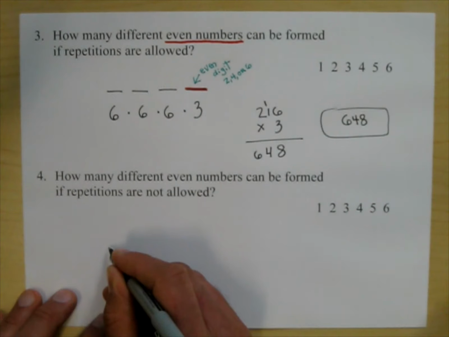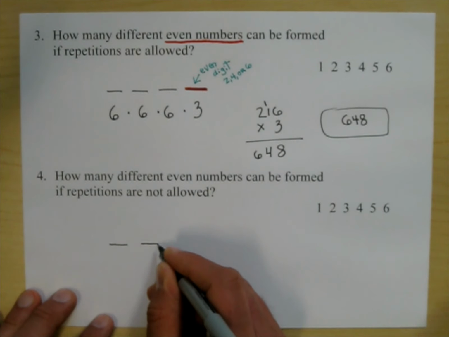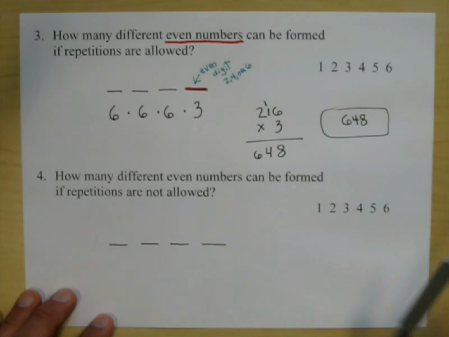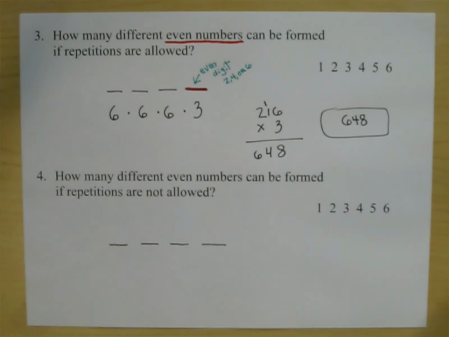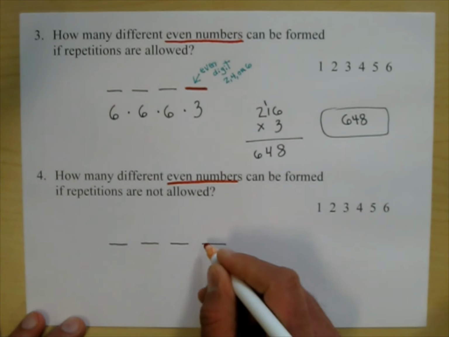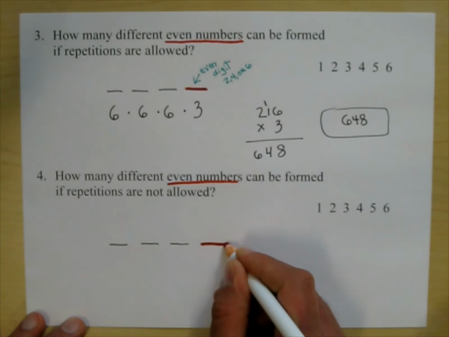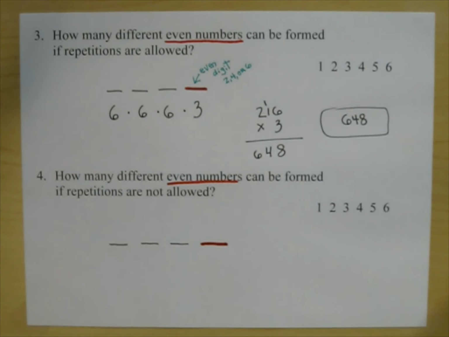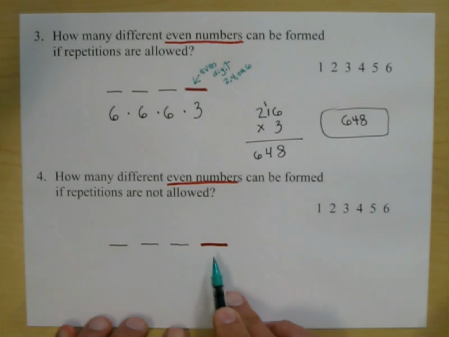So problem number 4, we have a 4-digit number. It has to be even, which means the restriction is right there. So this has to be an even number.